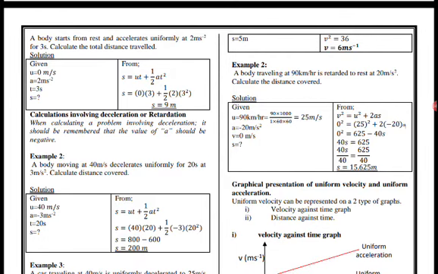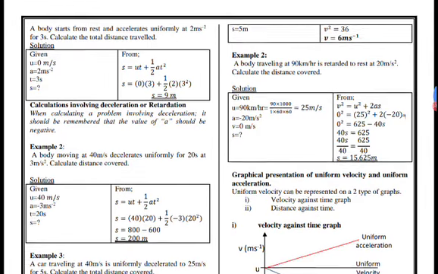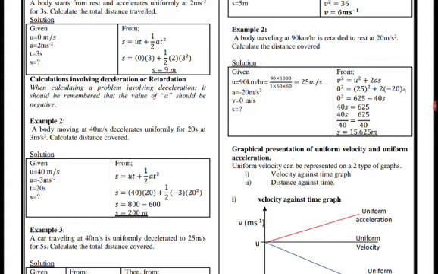We shall see that retardation or deceleration is negative acceleration. So whenever you calculate acceleration and you get a negative, just conclude that this is retardation, or the body is reducing speed. In such a case, let's look at this example.